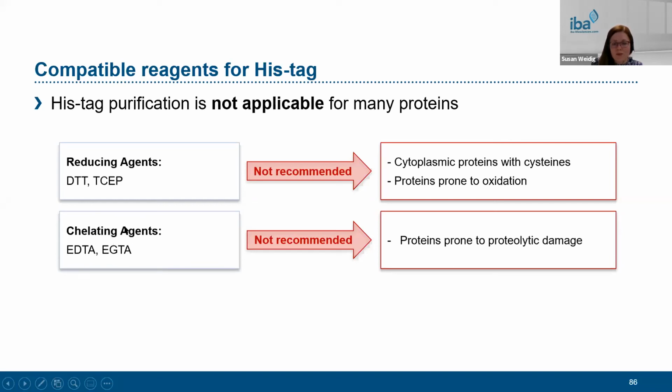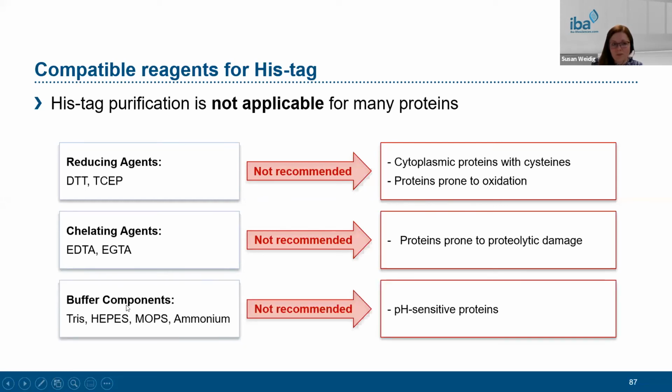But if you have a protein that is prone to proteolytic damage, then you need EDTA or EGTA and you have to add it. But with the his tag based protein purification, EDTA and EGTA are not possible.